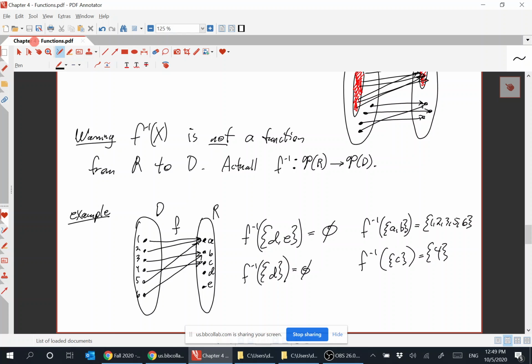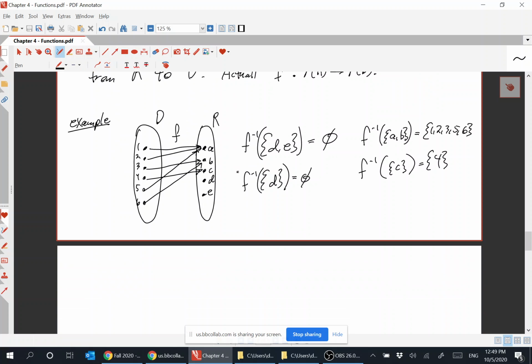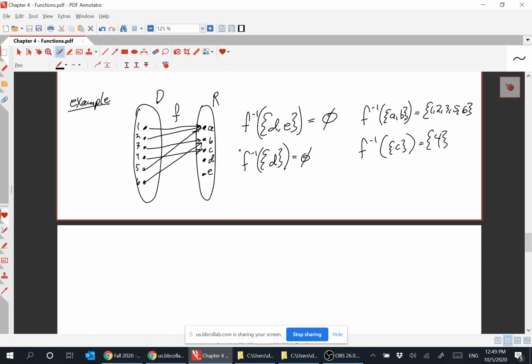Okay? All right, so let's look at the following proposition. So let f be a function from domain to range, and A and B be subsets of the range, not the domain.